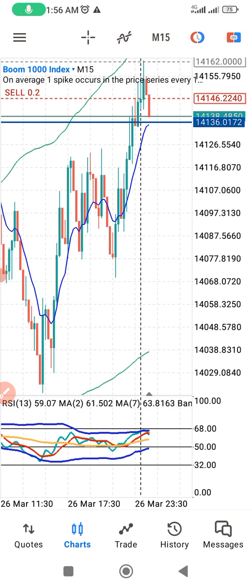In our previous video we talked about how to buy Boom 1000 and sell Crash 1000, and as part of our requirements for entry we talked about how we make use of the TDI.